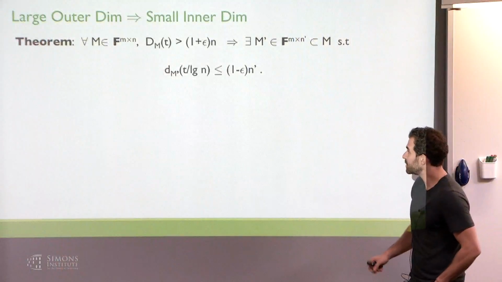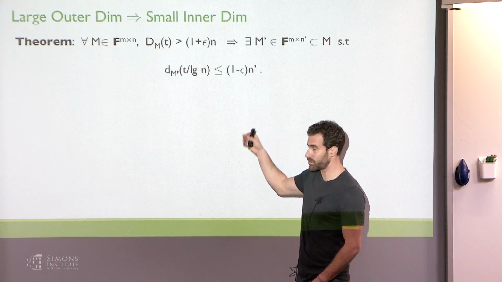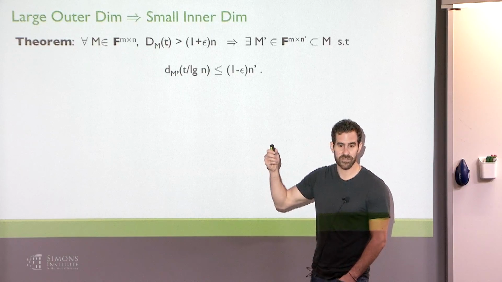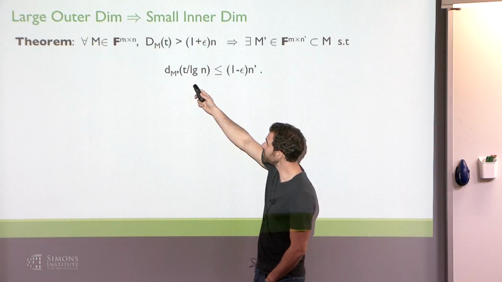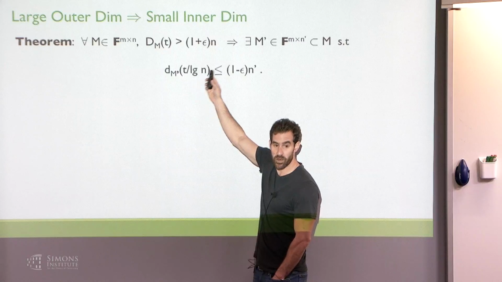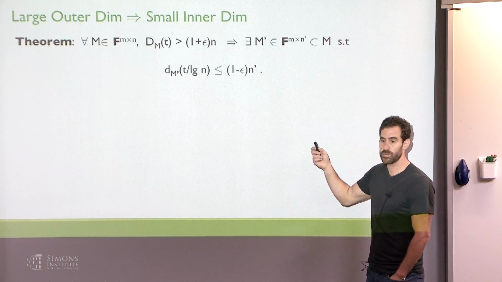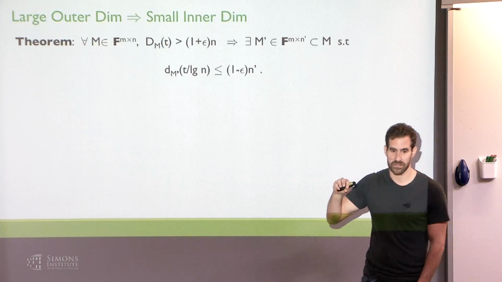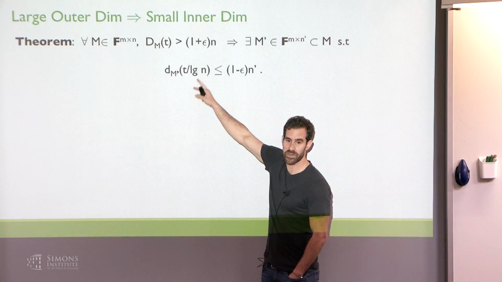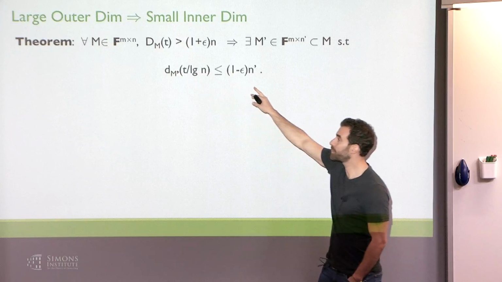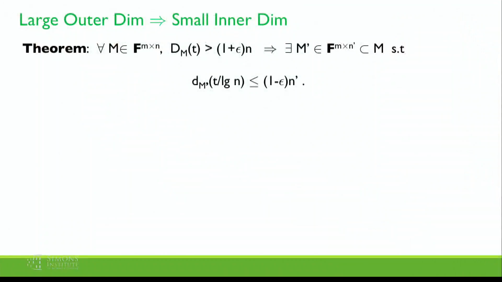So let me try to discuss the main framework or result. This is essentially exactly what we show: if you give me a matrix whose outer dimension is large, more than 1.01 n, then we can find a submatrix whose outer dimension, with a loss in sparsity of log n, is small, less than (1 minus some epsilon prime) n.